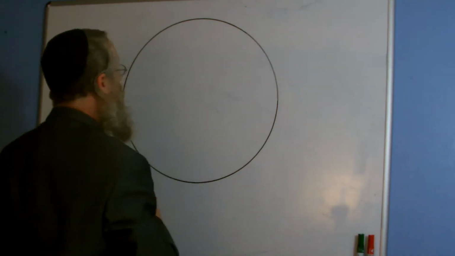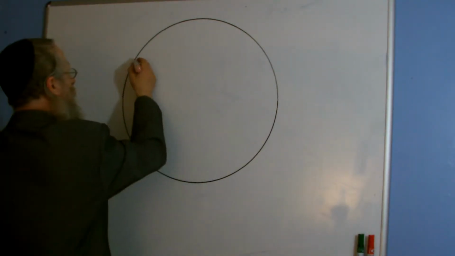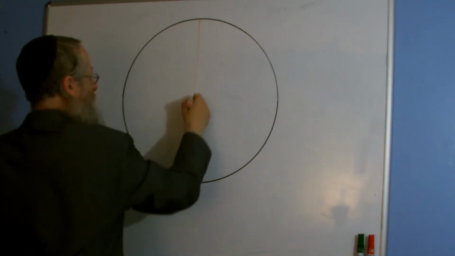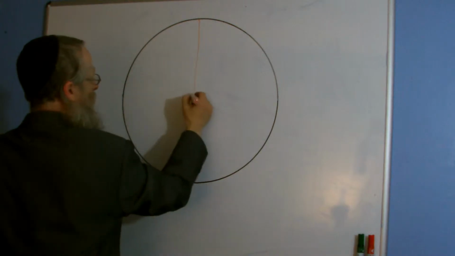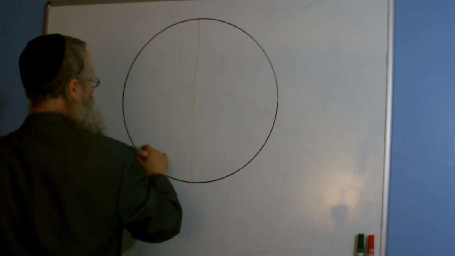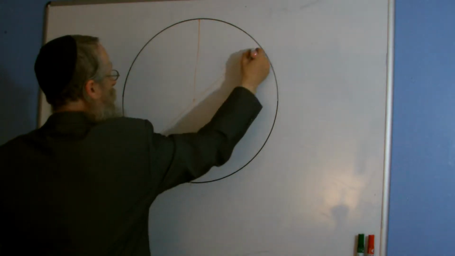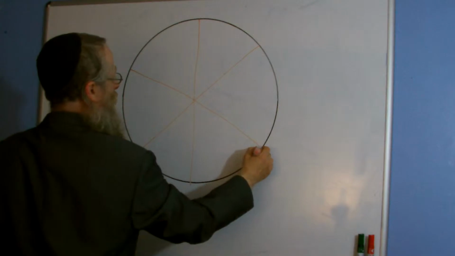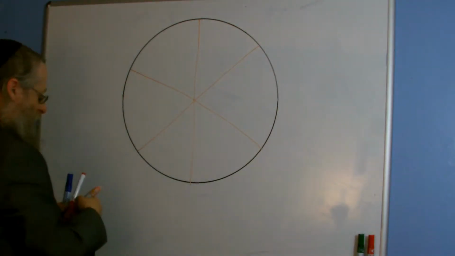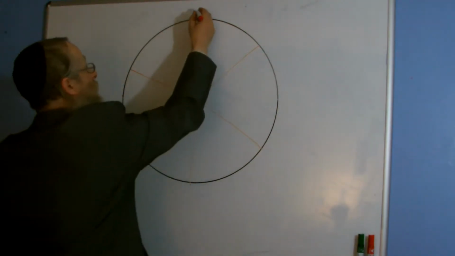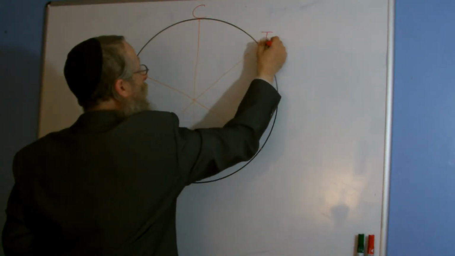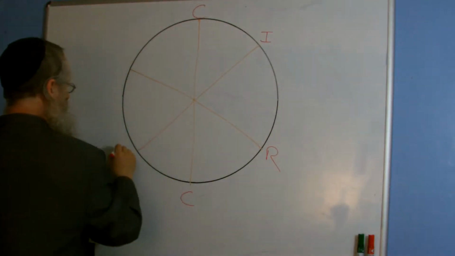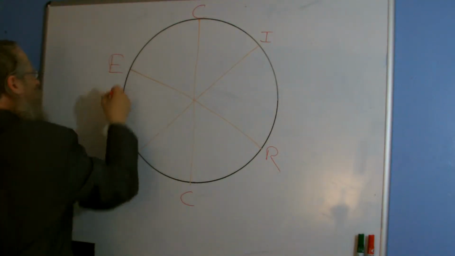Before I do that, I'm going to draw a hexagon down there. Okay. So now I'll write my stuff. I'll do it in red. C-I-R-C-L-E. Okay.